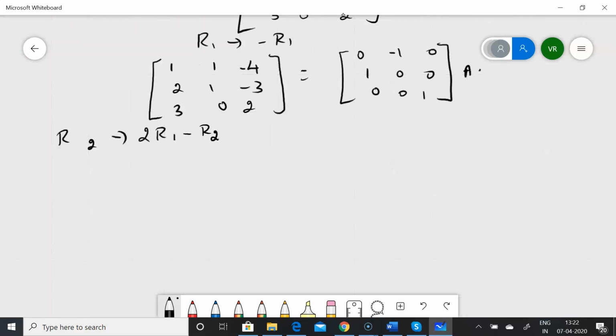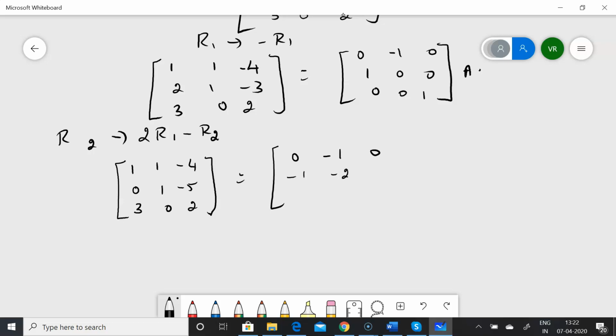So that will give you 1, 1, minus 4, 0, 1, minus 5, 3, 0, 2, which is equal to 0, minus 1, 0, minus 1, minus 2, 0, and 0, 0, 1.